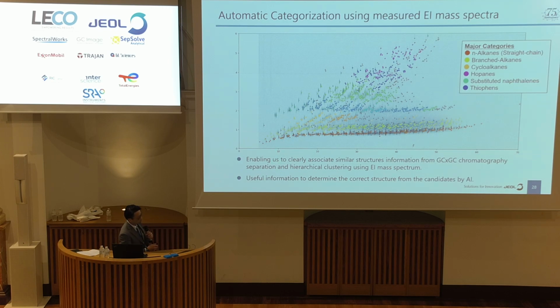This is diesel data, with normal alkanes, alkenes, aromatics, and so on. Sometimes we can get the correct structures from NIST, but sometimes we cannot see any structures in NIST. Still, we can understand that it should be a somewhat similar structure, and then we can select the correct structure in our AI library.